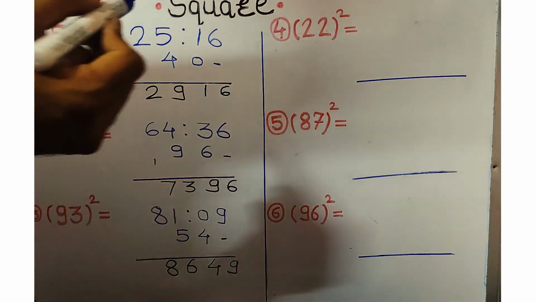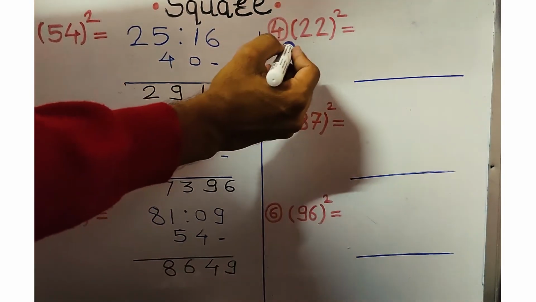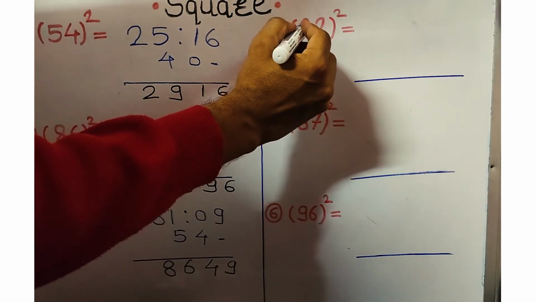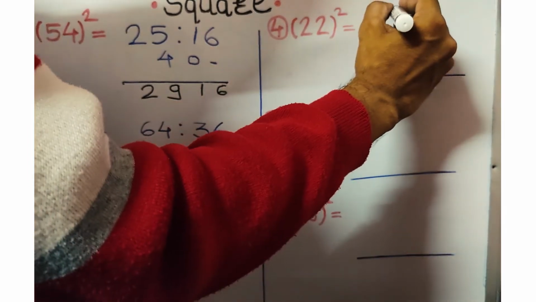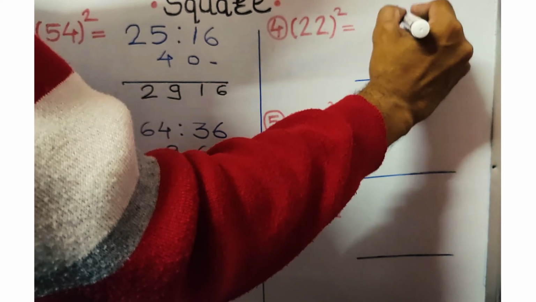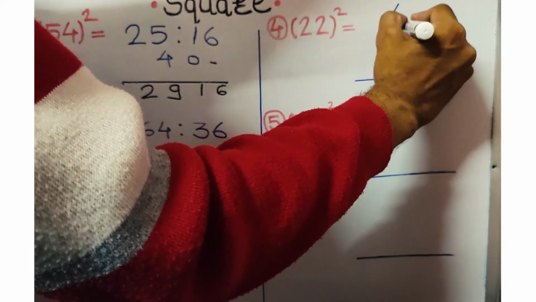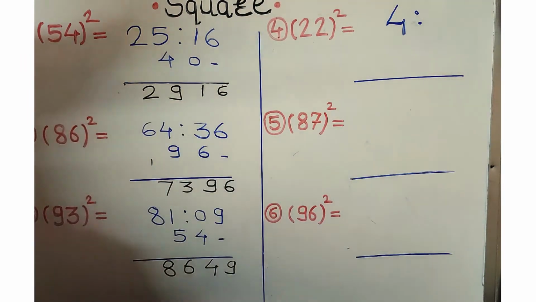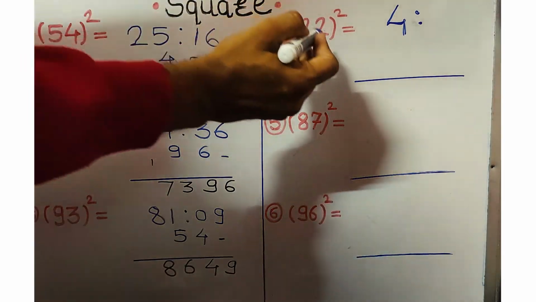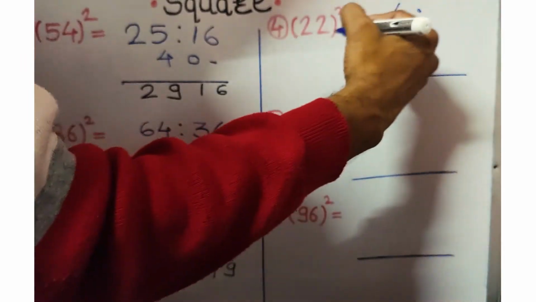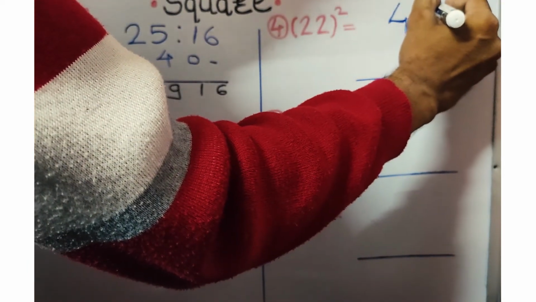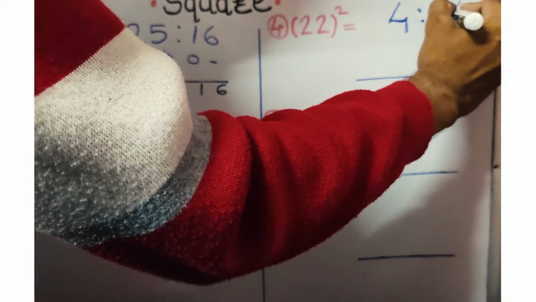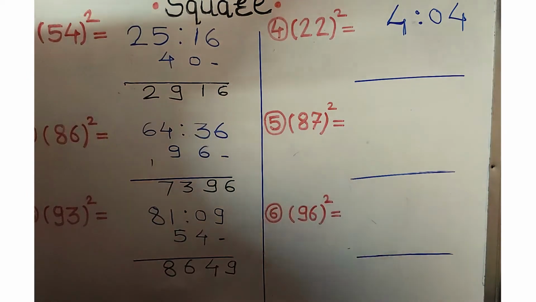Next example, square of 22. Write the square of 2, that is 4. Write two dots in front of 4. Again the square of 2, 2 square is 4, write 4, 0, 4 in this way.